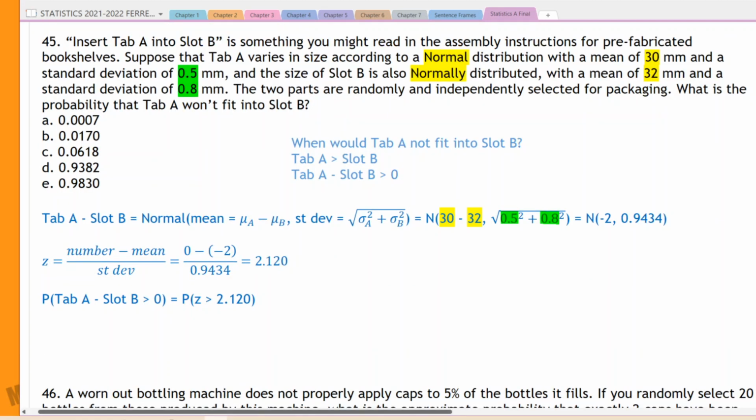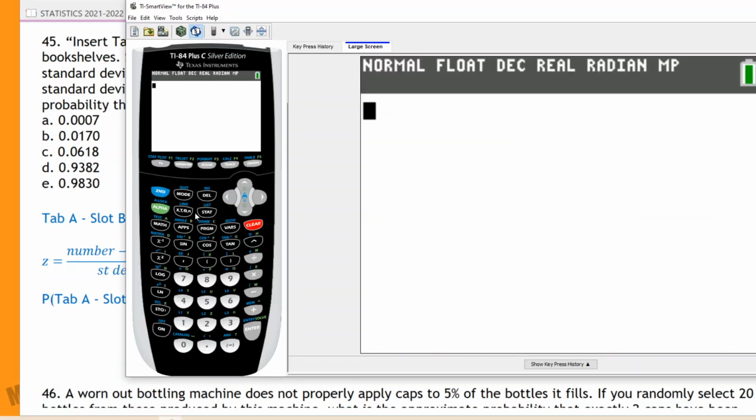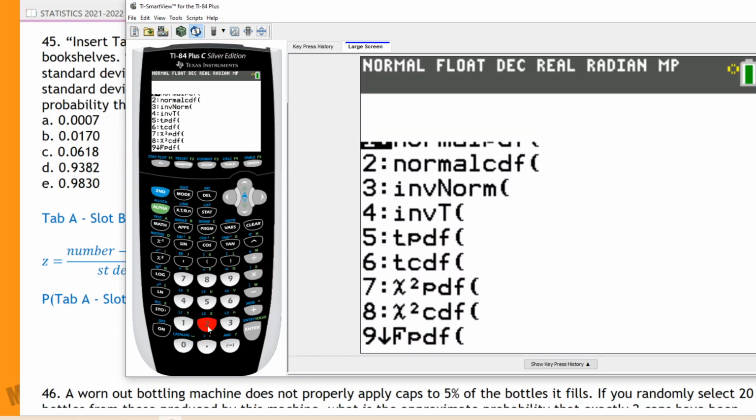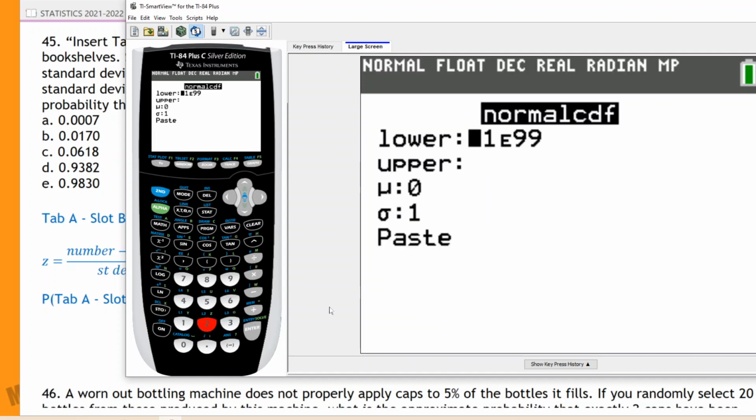Going back to our main problem, the probability that tab A minus slot B is greater than 0 is going to be equivalent to the probability that z is greater than 2.120. Grabbing our calculator, we go to the distribution menu and we use normal CDF. And we want to know greater than 2.120.